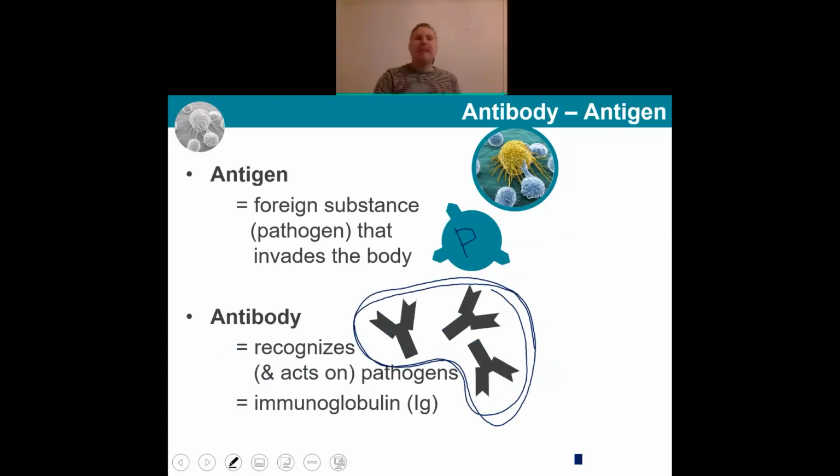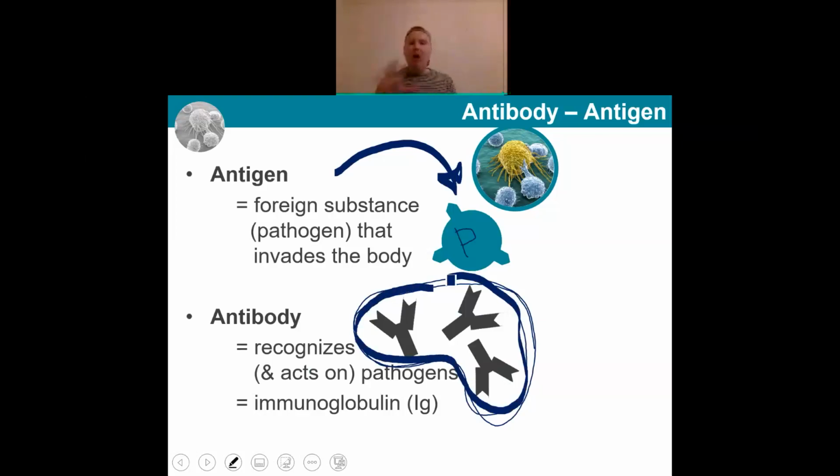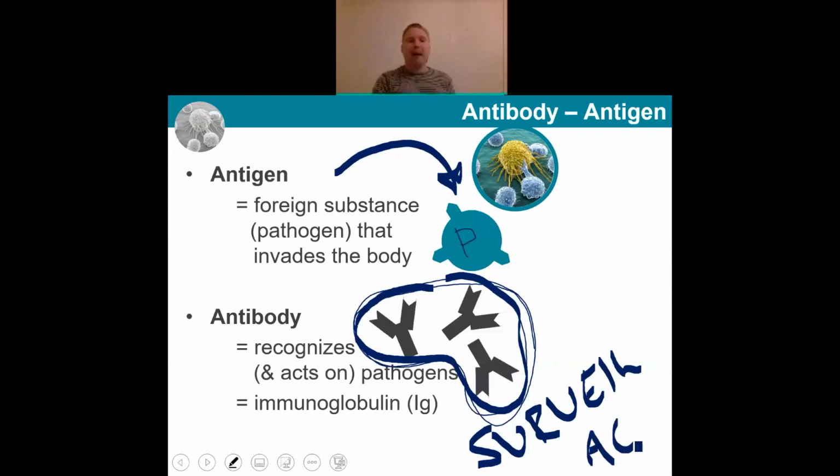And how I explain it to my students often is that we think of the antigens as these bluish big blobs and antibodies as much more numerous, smaller components that just float around in your body, doing surveillance, and also acting on the antigens if they run into those.